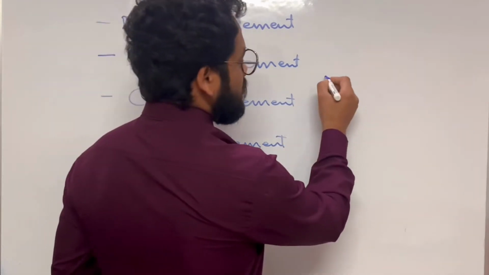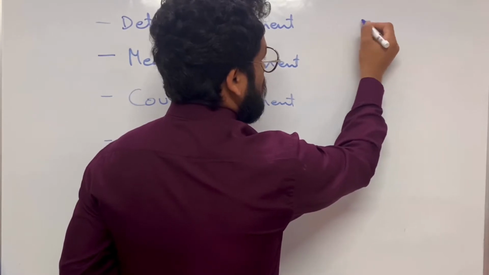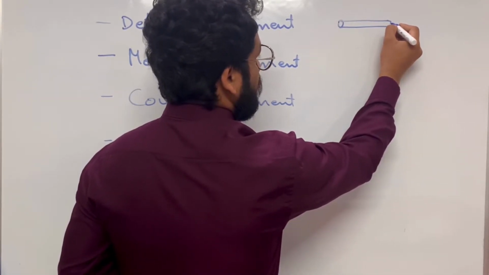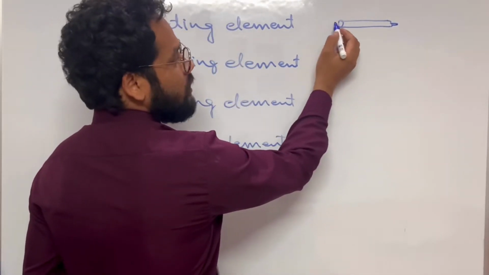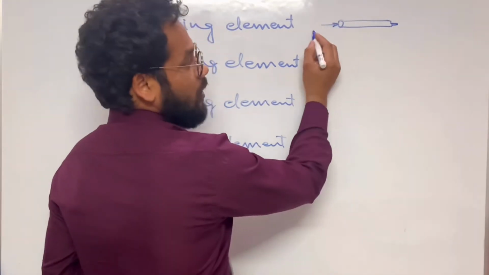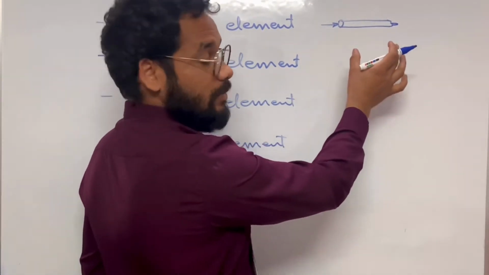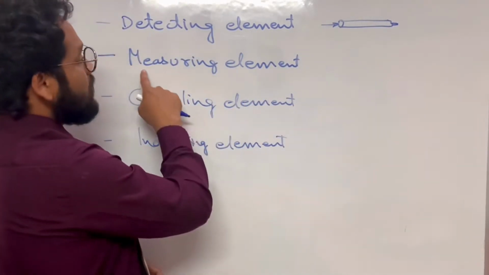If air pressure is coming here, then it will sense it. Now this detecting element sends that pressure signal to the next element, which is the measuring element.